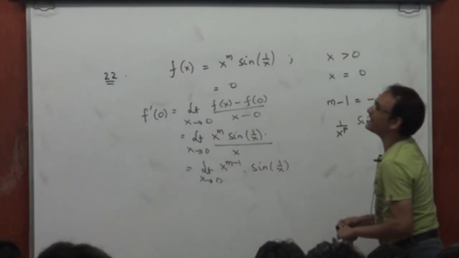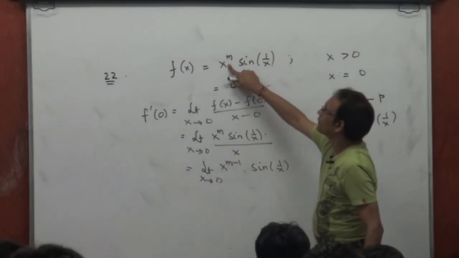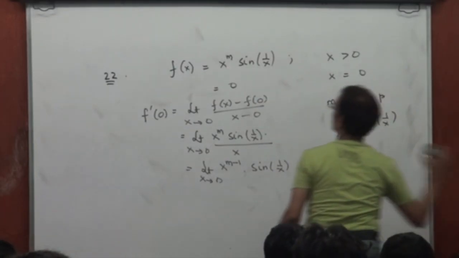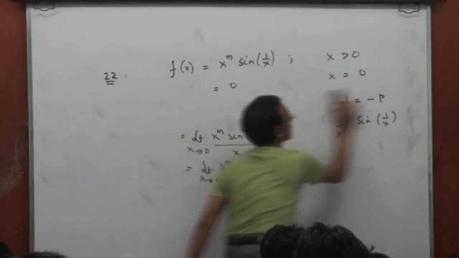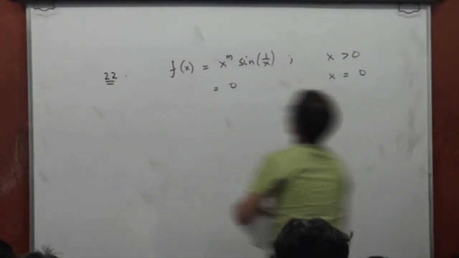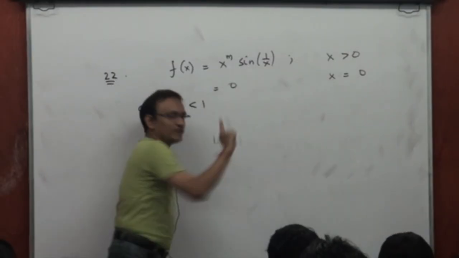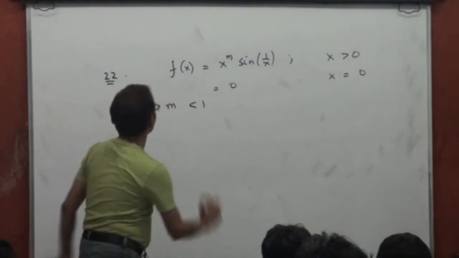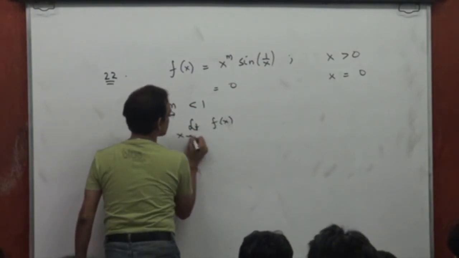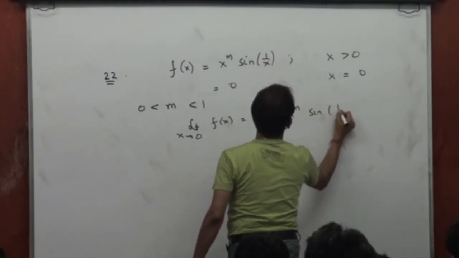But if m is greater than 0, then the limit of f(x) as x tends to 0 will be 0. Why? If m is any number between 0 and 1, we have seen that it's not going to be differentiable. But when m lies between 0 and 1, the limit of x^m sin(1/x) as x tends to 0 will be 0.